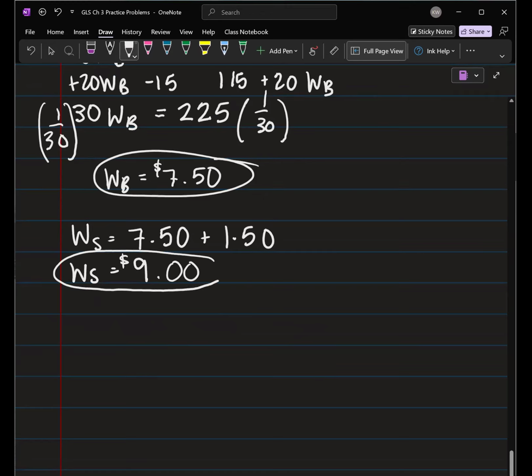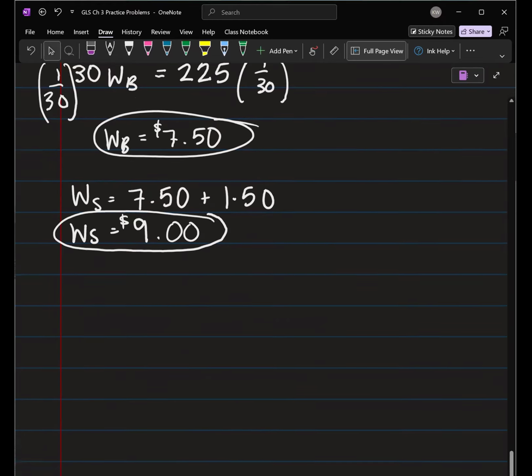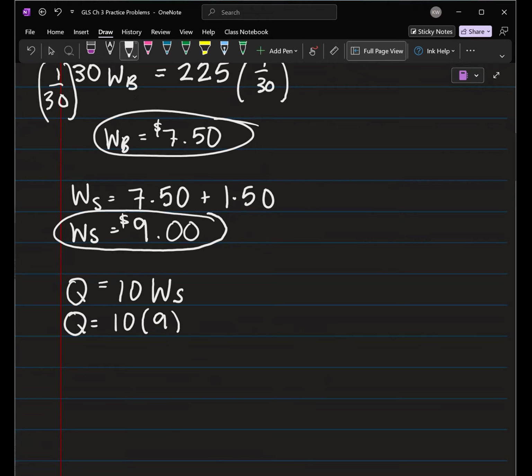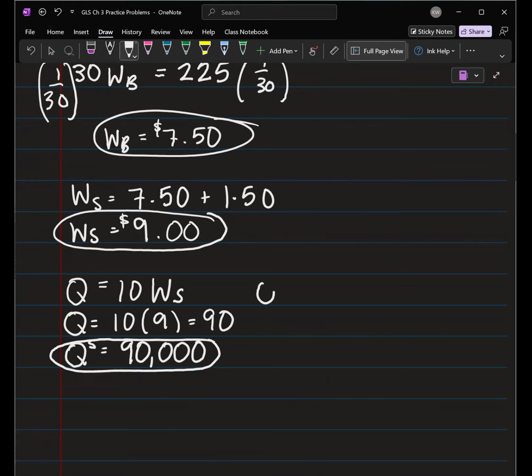All right. So now we can find the quantity demanded and the quantity supplied with this subsidy. Our quantity supplied is going to be equal to 10 times the wage that sellers receive. So we'll have quantity equal to 10 times 9, which is going to equal 90. And remember, quantity is measured in thousands, so that's actually going to be 90,000 labor hours.